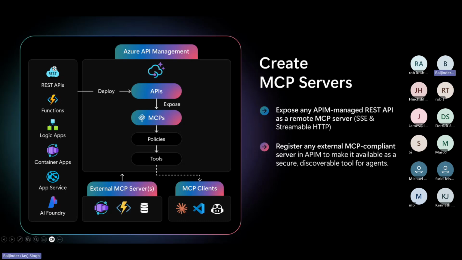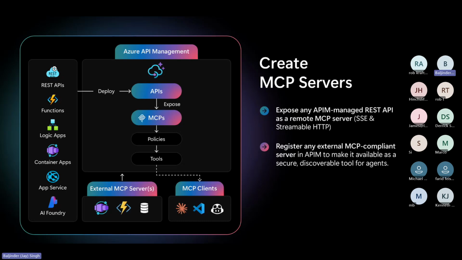APIM can then expose APIs as MCP servers or endpoints, turning existing APIs into agent-ready tools without doing any plumbing. So APIM gives you the capability to take these different options on the left and expose them as MCP servers.